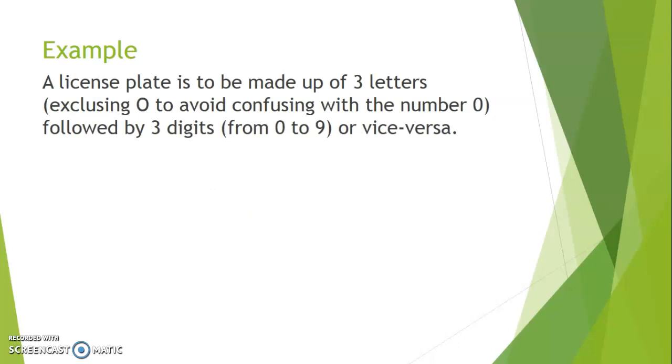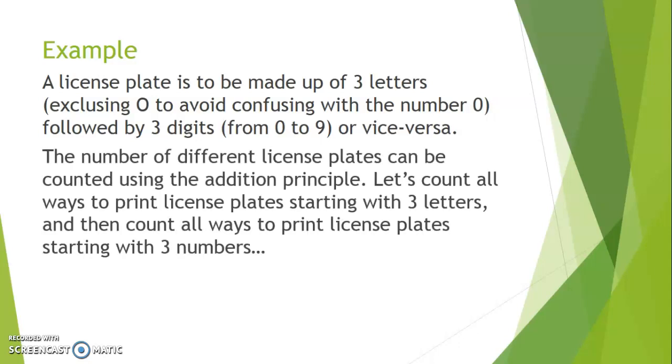For instance, a license plate is made up of 3 letters, excluding O to avoid confusion, followed by 3 digits, or vice versa. So the number of license plates can be counted using the addition principle. We're going to count all the ways to print license plates starting with 3 letters, and then count all ways to print license plates that start with 3 numbers.